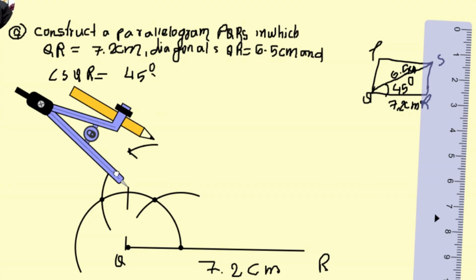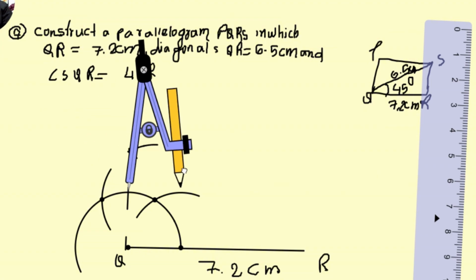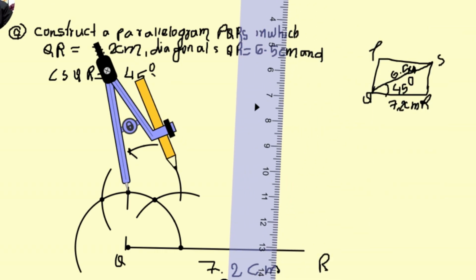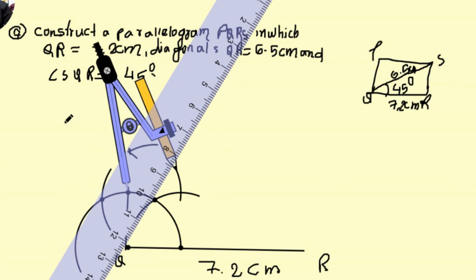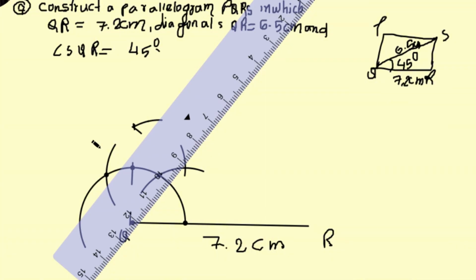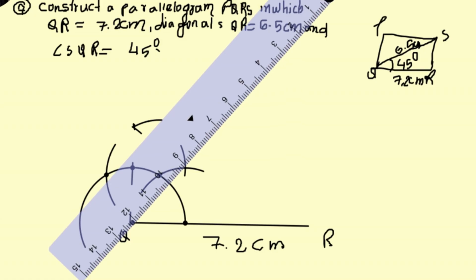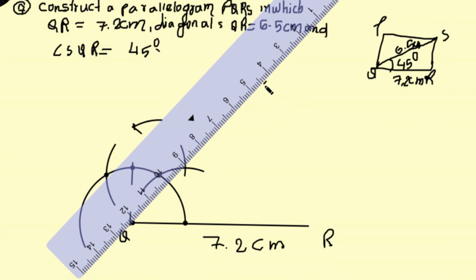Now take the help of the compass, and from this side, this is for the 45. Now join this angle like this, right? This is 45 degree.